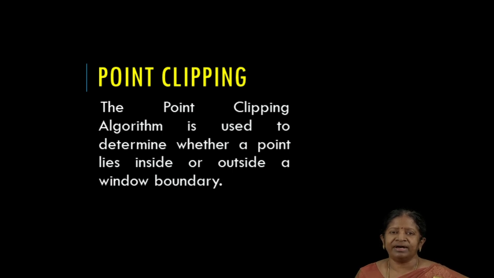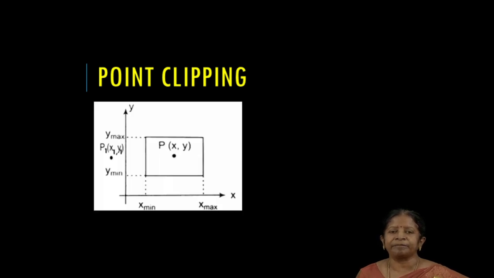So, using that, we will specify in which place we are going to display the pixel. And those coordinates are mentioned in 2D as x coordinate and y coordinate. So, if the x coordinate and y coordinate of the point are within the window limits, then we will show the point, otherwise we will not show the point.